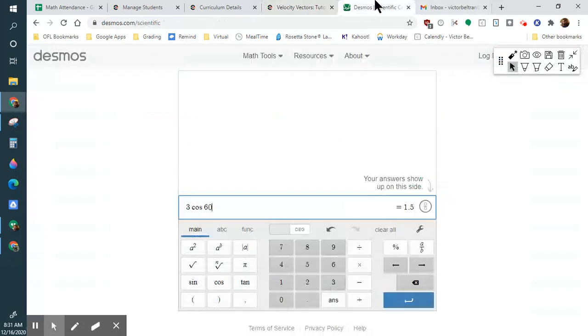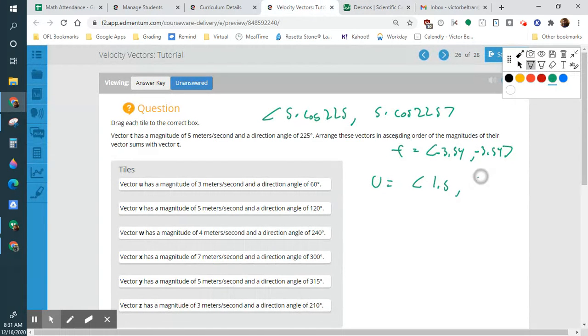And then let's change this to sine, and that's 2.6. All right, let's do V. This is a lot of work that you have to do just to have these organized.